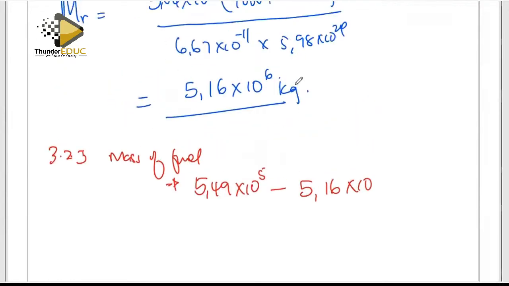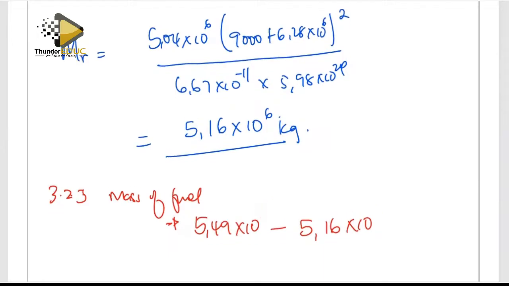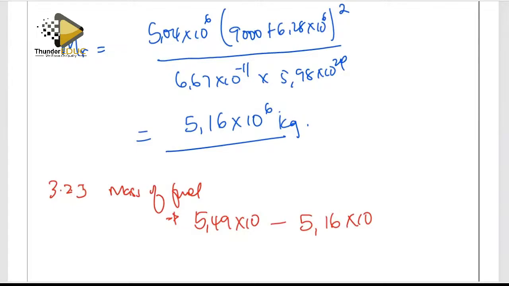Does it make sense though? This is to the 6. Okay, so when I tried to subtract this looks impossible. So there's something I might have messed up somewhere, somehow.